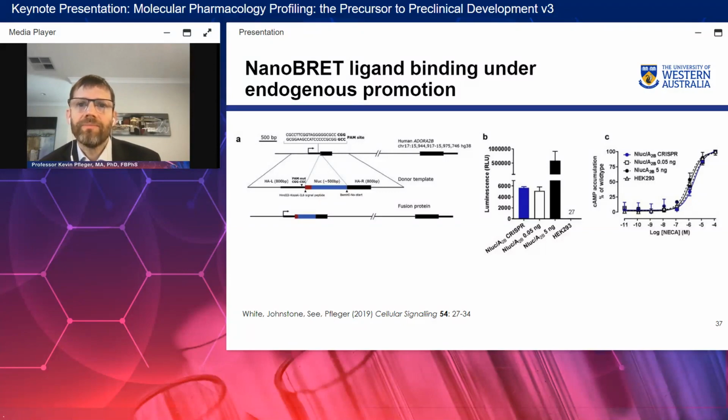When that's introduced with CRISPR, that's a similar level to using 0.05 nanograms in a transient transfection. That's incredibly small. You compare that to the 5 nanograms, which is also pretty small, but 5 nanograms gives you a much, much stronger luminescent signal.